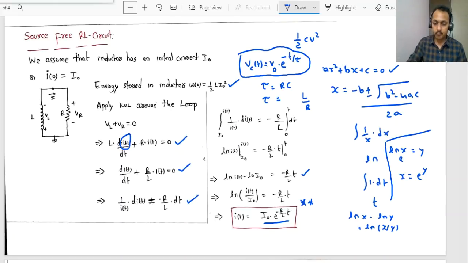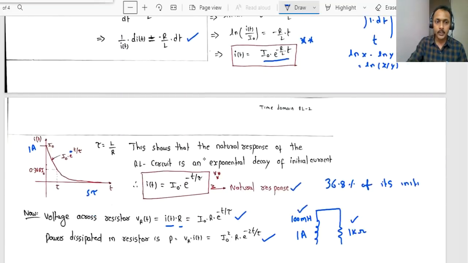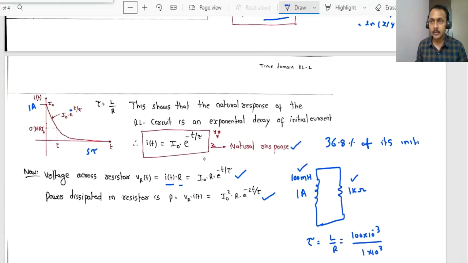Now, time period tau is defined as the time taken for the initial value to decay to 36.8% of its initial value. That time we take as tau, and tau equals L by R.